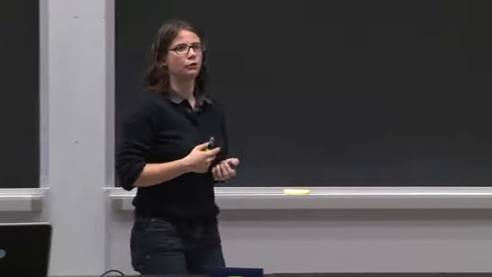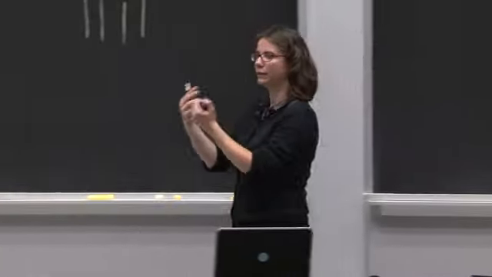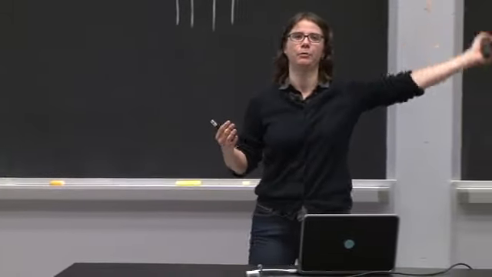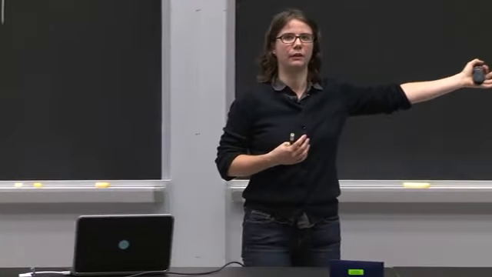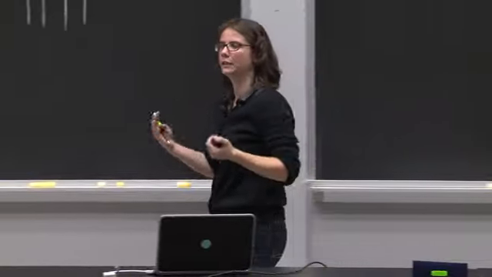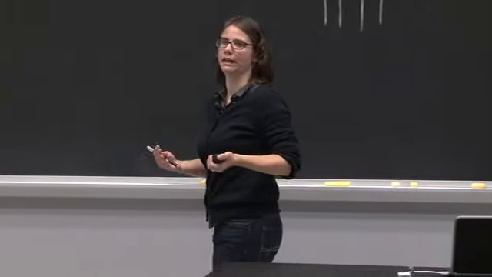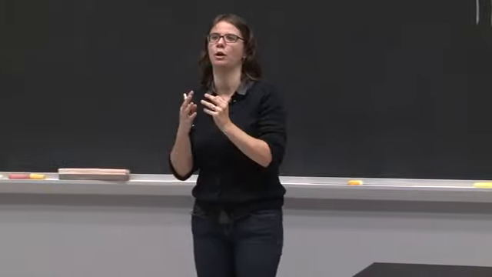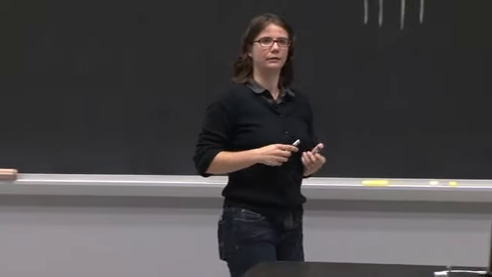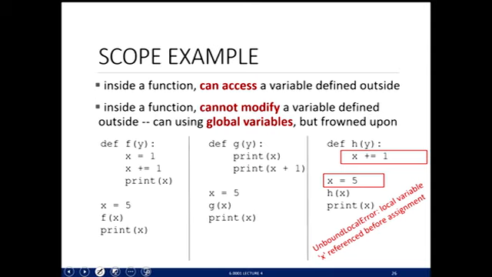Okay? So using global variables, you can be inside a function and then modify a variable that's defined outside of your function. And that sort of defeats the purpose of functions and using them and writing these coherent modules that are separate. Okay? That said, it will sometimes be useful to use global variables, as you'll see in a couple lectures from now.